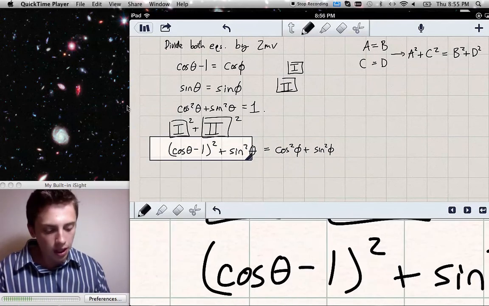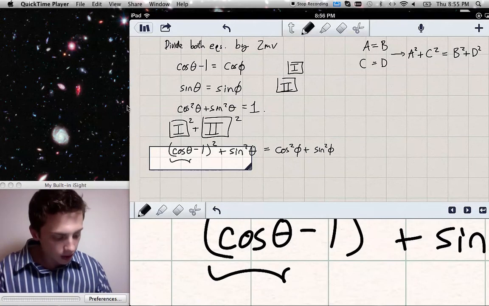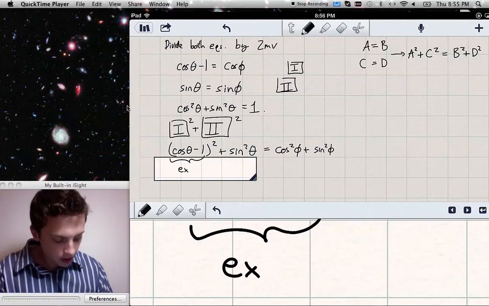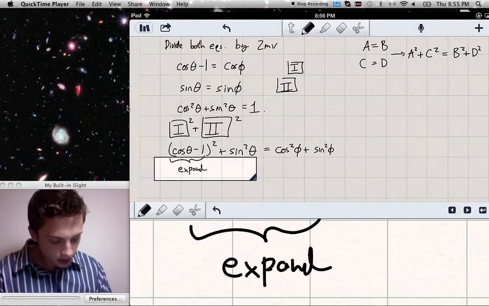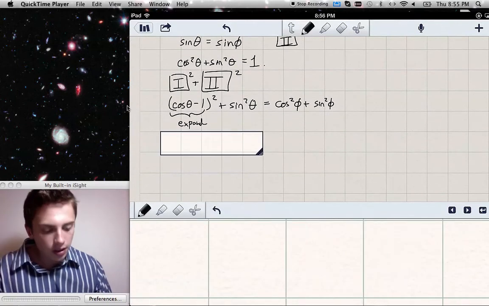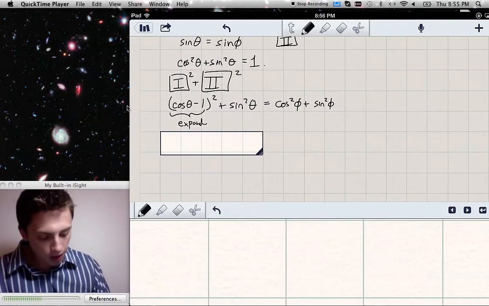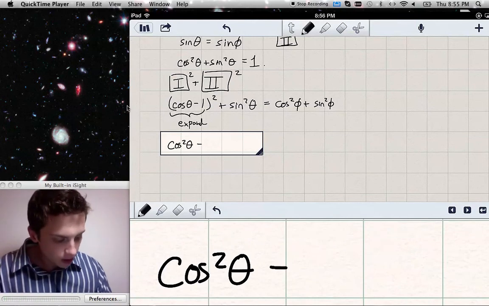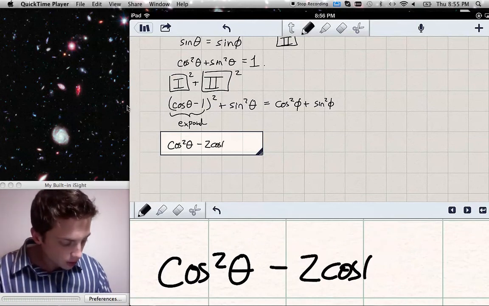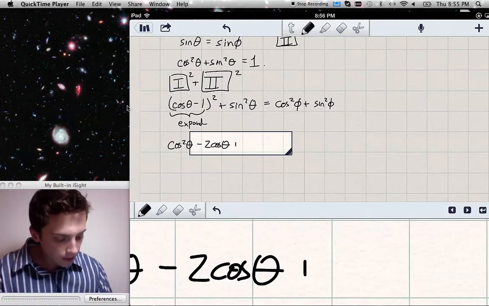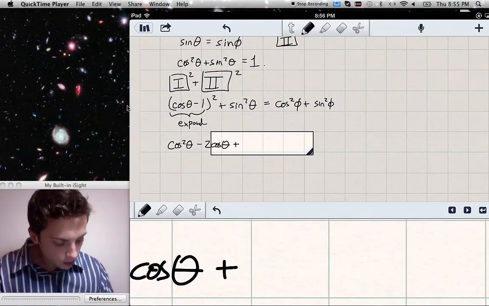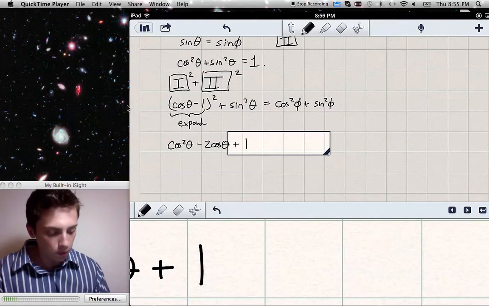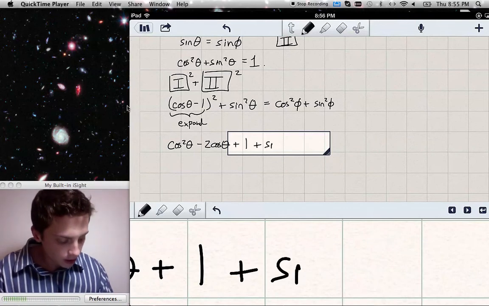So I'm going to expand this term first. Go ahead and verify that when you expand that term, you get cosine squared of theta minus 2 cosine theta times 1 plus 1 squared, which is just 1. Okay, now I write the rest.